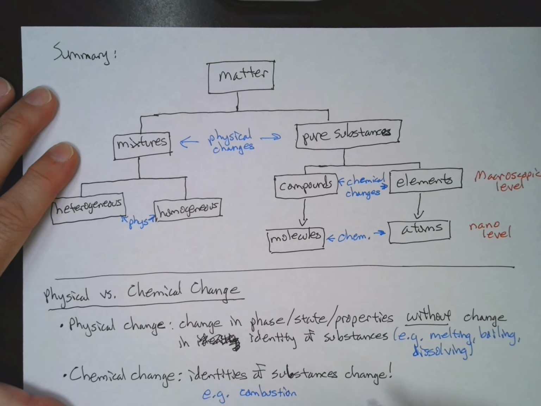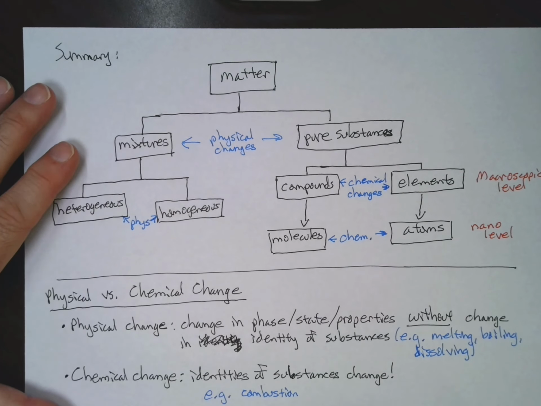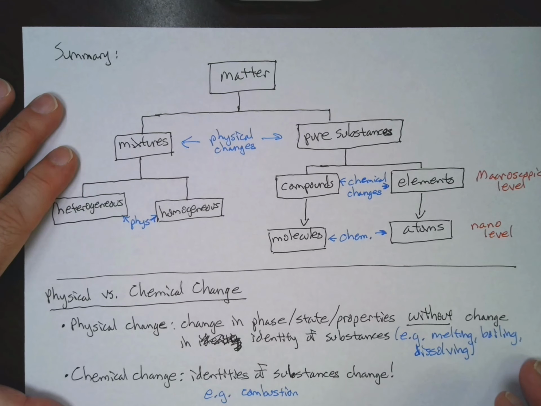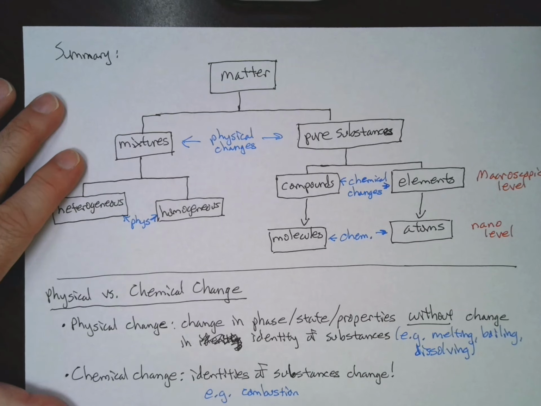So, for example, if you light a Bunsen burner, you will have the natural gas, the methane, coming out the burner, and it will burn in the presence of oxygen, and you will get a chemical change and get carbon dioxide and water as a result. So combustion, rusting is a chemical change.